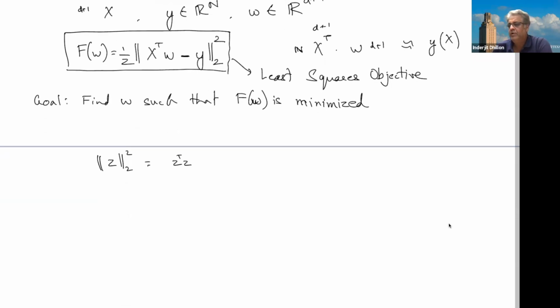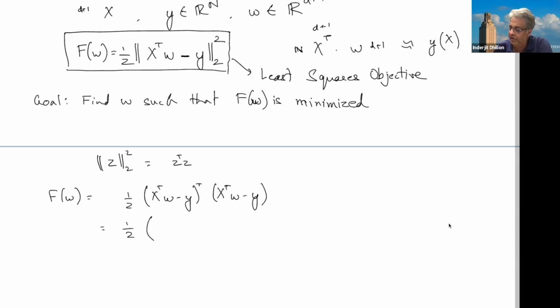So I can write f of w as half of (x transpose w minus y) transpose times (x transpose w minus y). Let me do some manipulations.